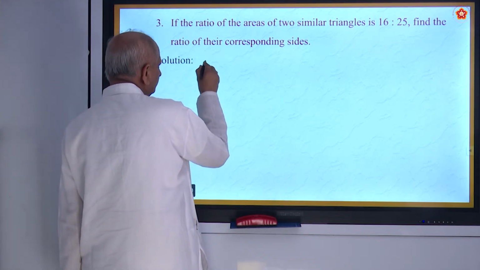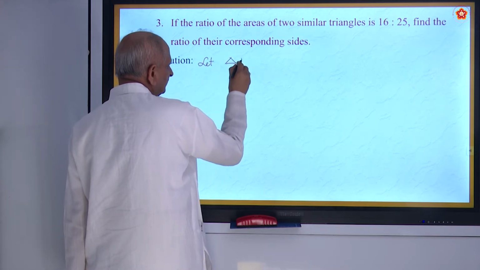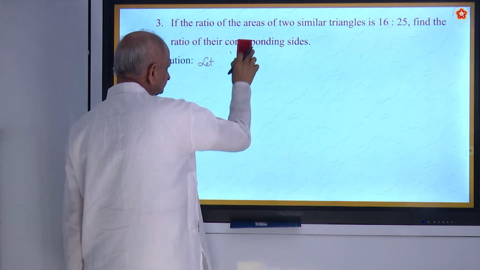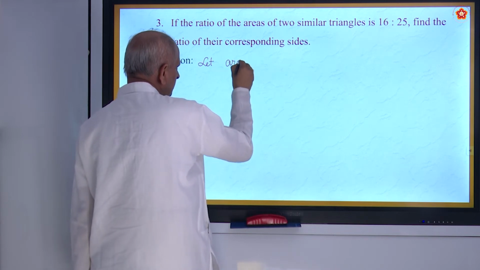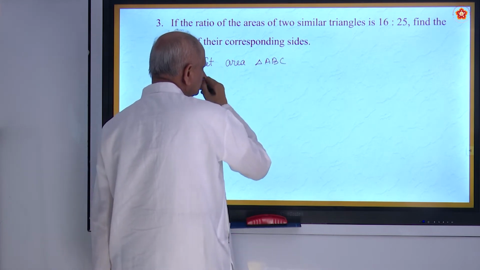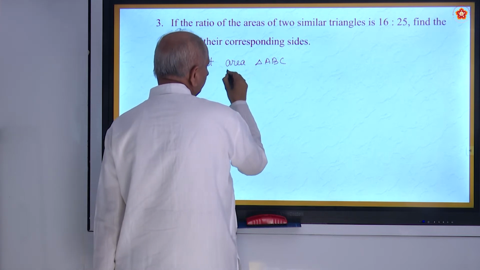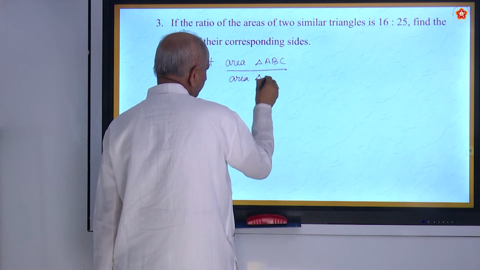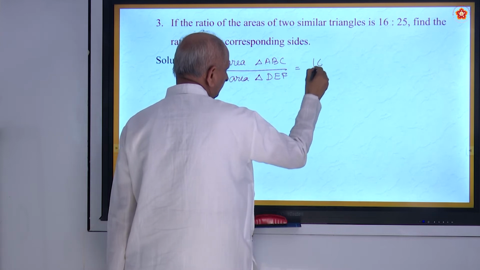So let us suppose the two triangles, let triangle ABC, areas are given. So area of two triangles ABC by area of triangle, say DEF or PQR, whatever you call, is equal to 16 by 25.